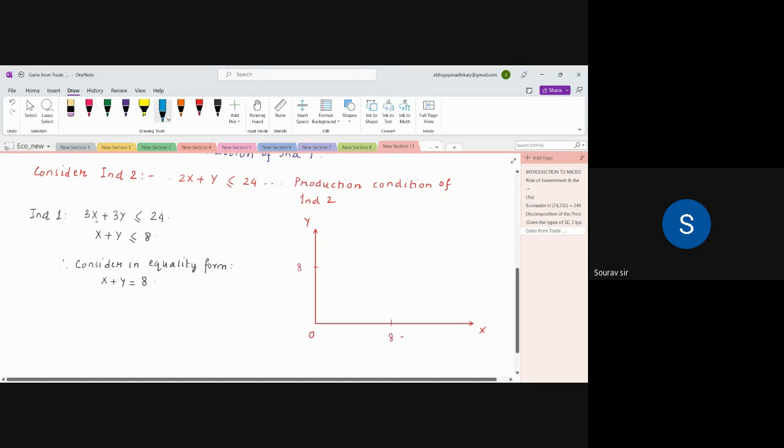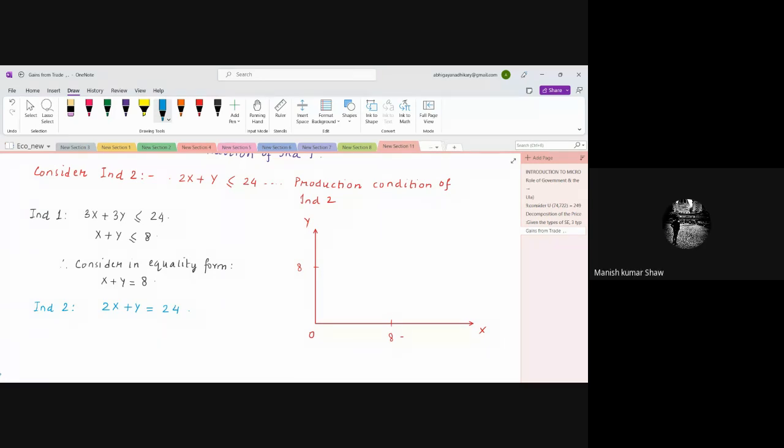And similarly for individual 2, again the similar procedure. We will consider it in equality form. So 2x plus 4y is equal to 24. So this will give us what? What is my x coordinate now? 12. So somewhere over here.